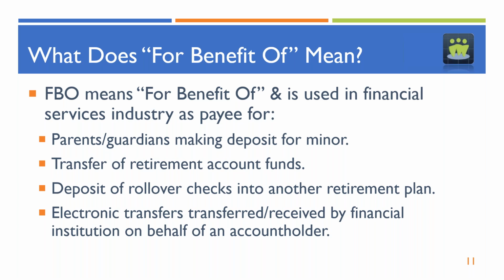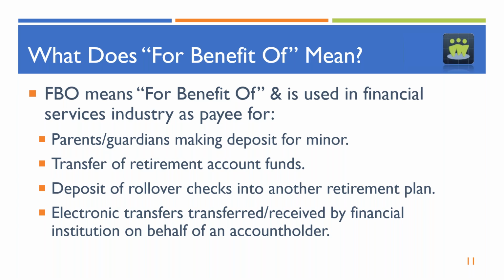It's used throughout the financial service industry as the payee for all sorts of transactions. For instance, parents or guardians might make a deposit for a minor, so they are writing a check from their account, but it's going into the minor's account, and so they would write, XYZ broker for benefit of, and then the name of their minor child, and that's one way of using it.